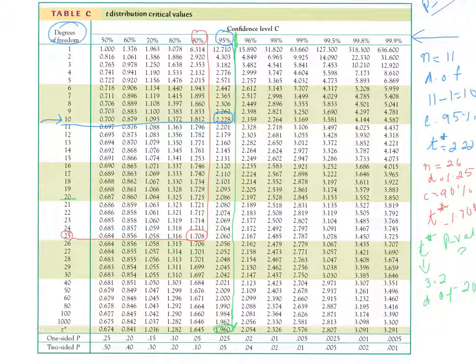So we're looking at the row headed by 20 because that would be the t-distribution for a sample size of 21, or degrees of freedom 20. Now we know our t star is 3.2 and we need to find its p-value. So we go across this row looking for the number 3.2.